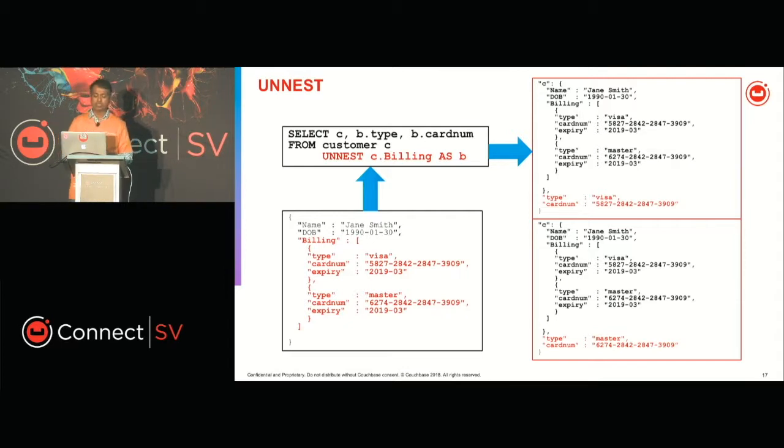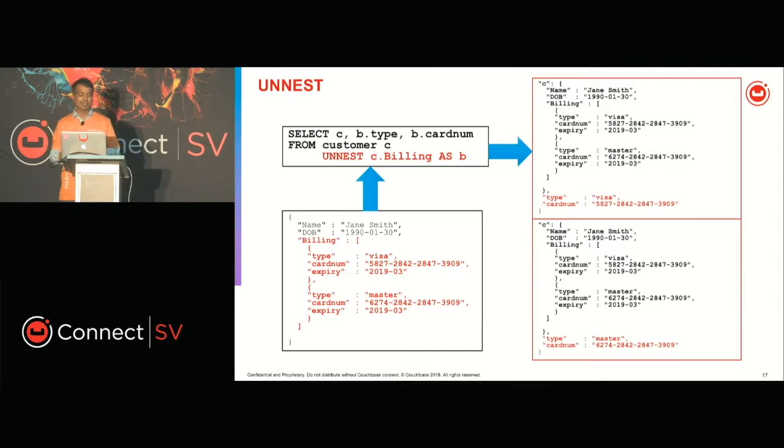Here I'm projecting C and B dot type and B dot card num, because when I say billing as B, each object becomes a referenceable object B. That's why in the result, you see C, which is the whole object from the customer, and then you also have individual objects. The first one is a Visa, the second one is a MasterCard. So you get those things.